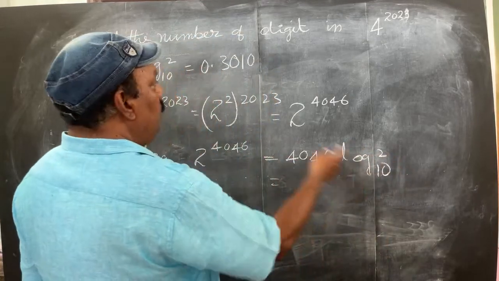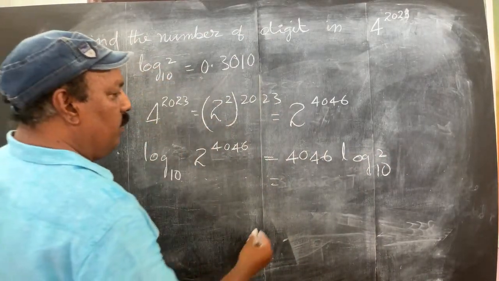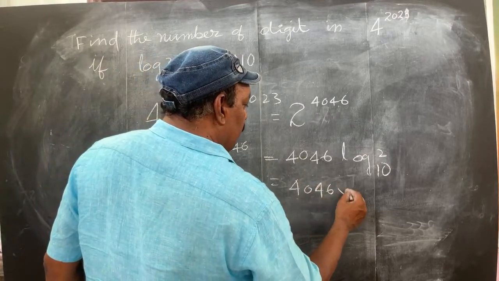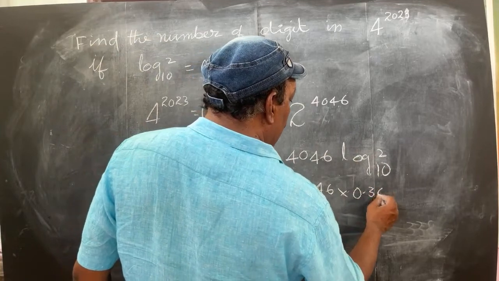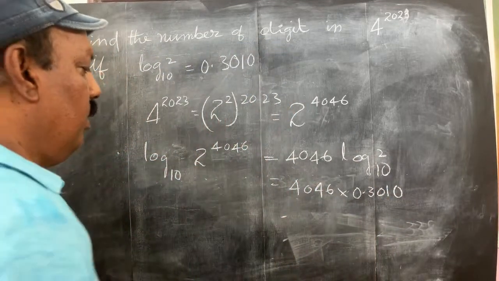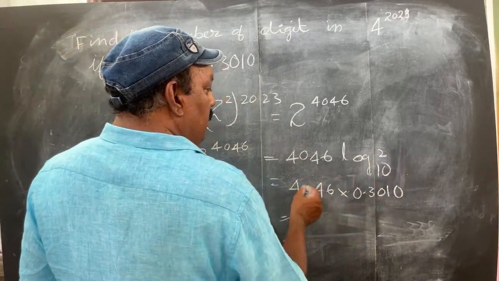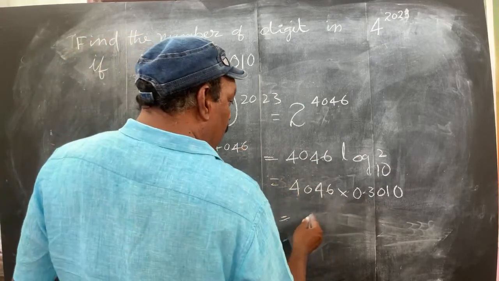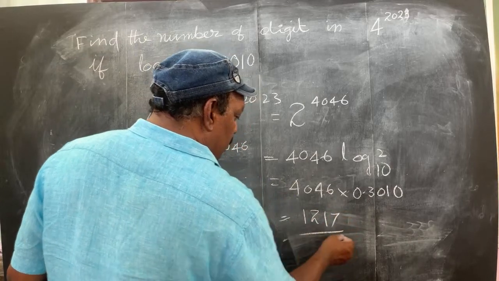The log 2 base 10 value we already got here, 0.3010. Now we multiply this with the exponent, and after calculations it will become 1217.